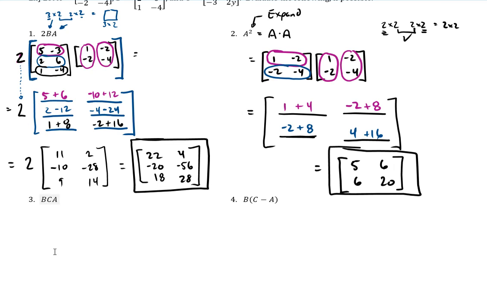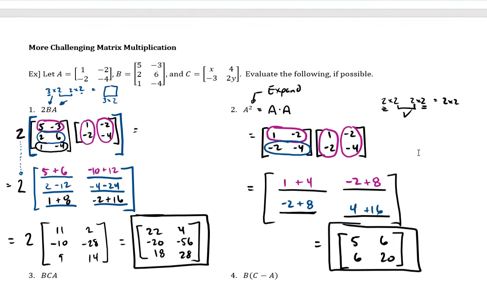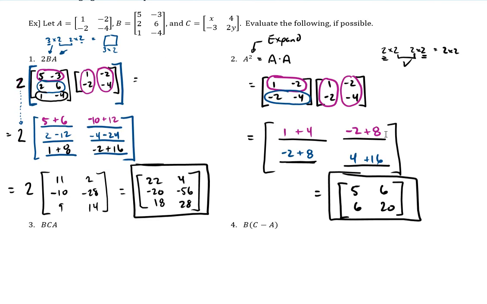Now on number 3, they have B, C, A. So all 3 of them. All right, well, let's write them all out. So B is 5, negative 3, 2, 6, 1, and negative 4. C is X, 4, negative 3, 2y.